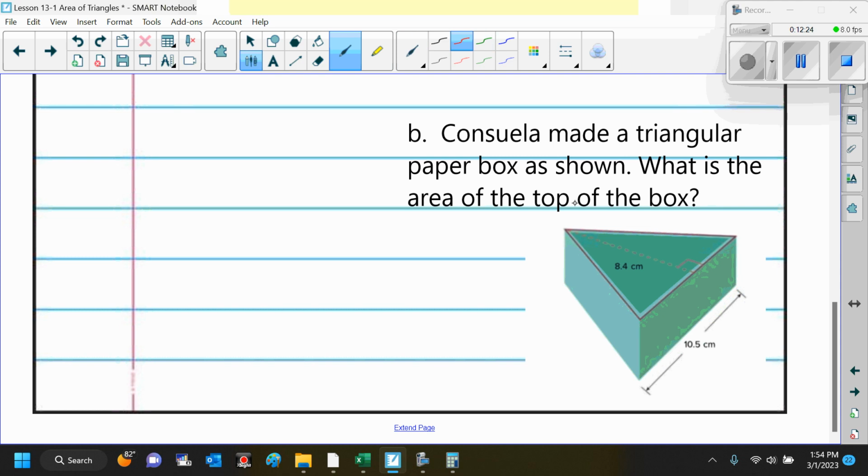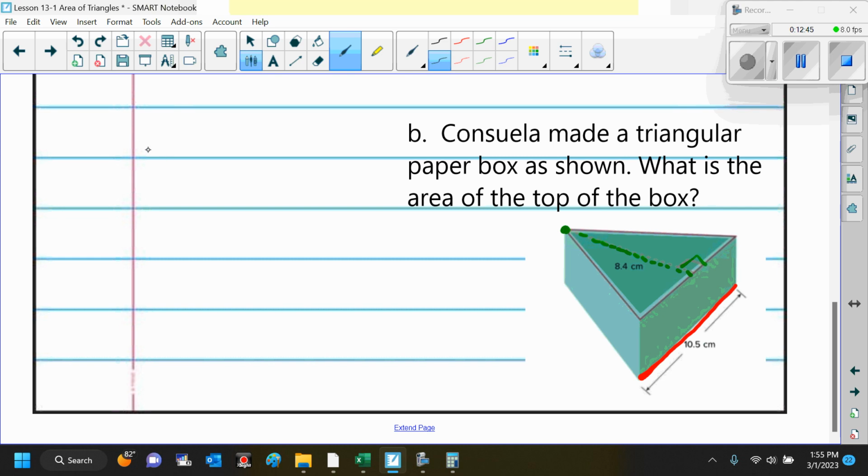So that's the base. And the height of this triangle goes from this vertex, drops down to the base at a right angle. So 8.4 centimeters is the height. So we're going to substitute into our formula.